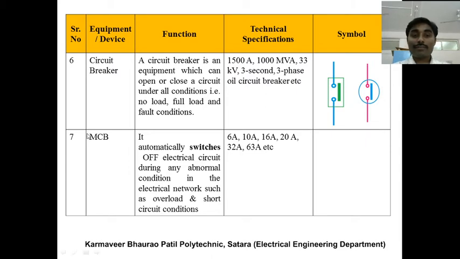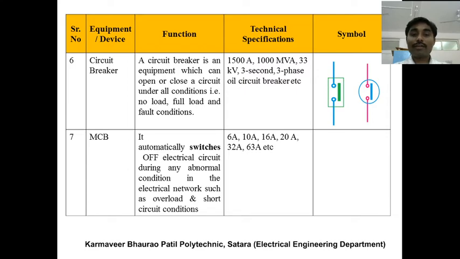Now the next device or equipment is the MCB, miniature circuit breaker. The function of an MCB is that it is an automatically operated switch. It automatically switches off the electrical circuit during any abnormal condition in the electrical network, such as overload and short circuit.